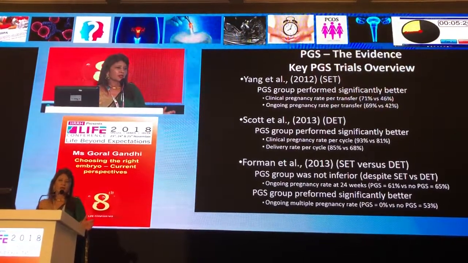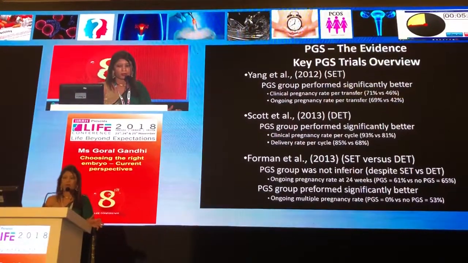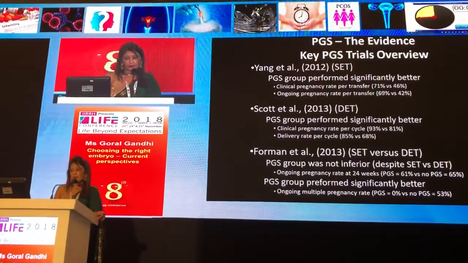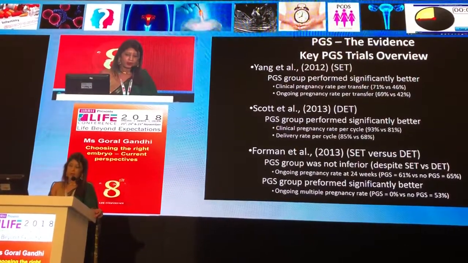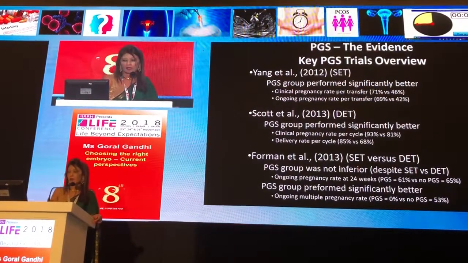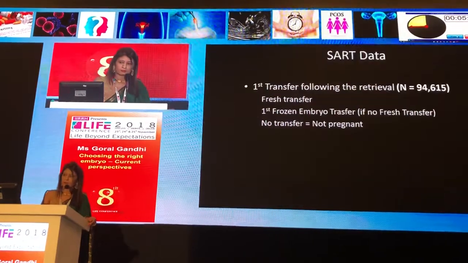The pregnancy rates were comparable in both groups, whereas the PGS group received just 1 embryo and the non-PGS group received 2 embryos. However, they still concluded that the PGS group performed better because the ongoing multiple pregnancy rate with the PGS group was 0%, whereas with the non-PGS group they had a 53% multiple pregnancy rate.